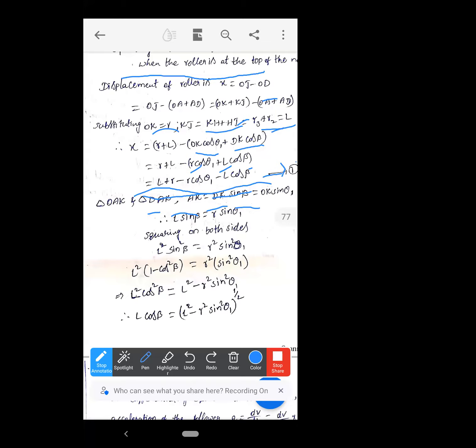So just observe the equation. This equation has two unknown variables, theta and beta. In our equation it would be simpler to have only one, but here two are there.